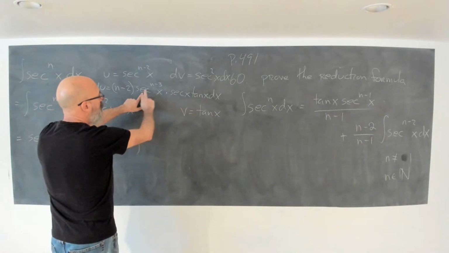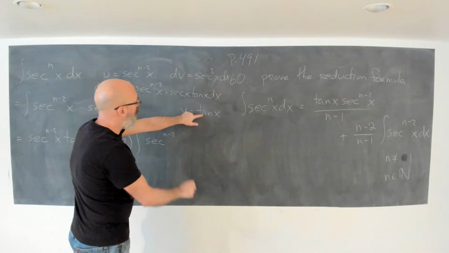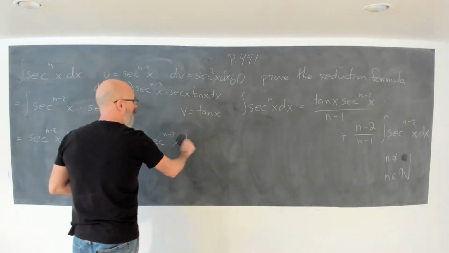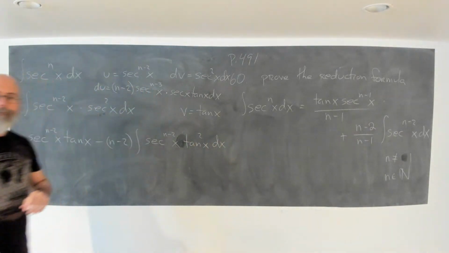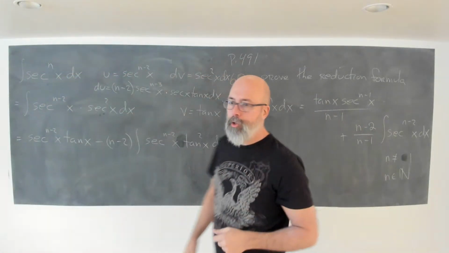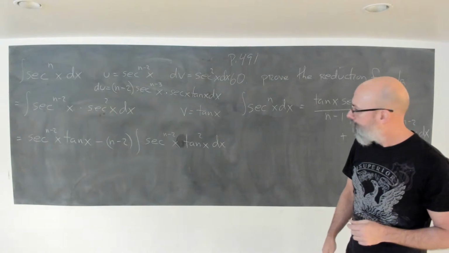This times this is secant to the n minus 2. And then you've got a tangent squared. But as you know, tangent squared is secant squared minus 1.